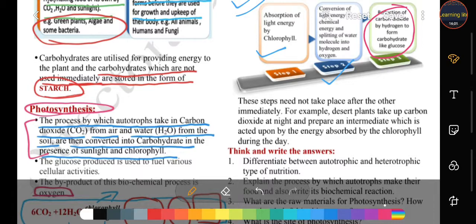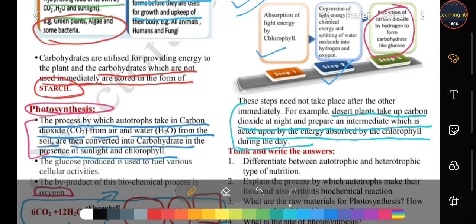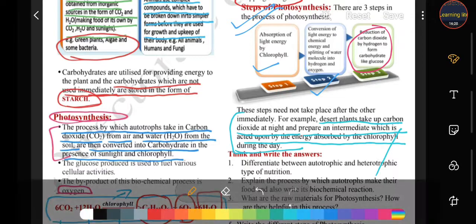They take some time. For example, the desert plant takes up carbon dioxide at night and prepares the intermediate, which is acted upon by the energy during the day. So here the processes don't occur simultaneously. Got it? Now let's move to the exercise.